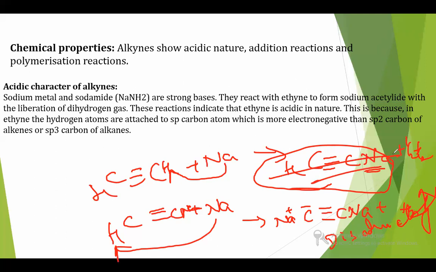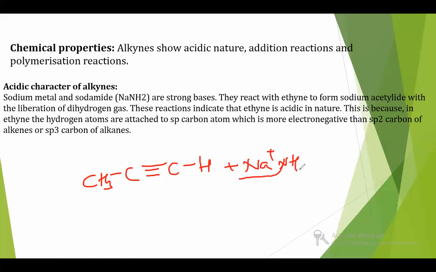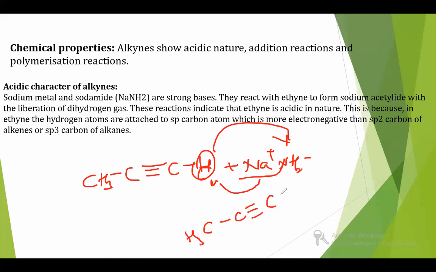In the case of the three-carbon compound, CH3 C triple bond CH, propyne, is treated with sodium and NaNH2. Sodium replaces one of the hydrogens. The NH2 and H form NH3, giving CH3 C triple bond C Na plus NH3.